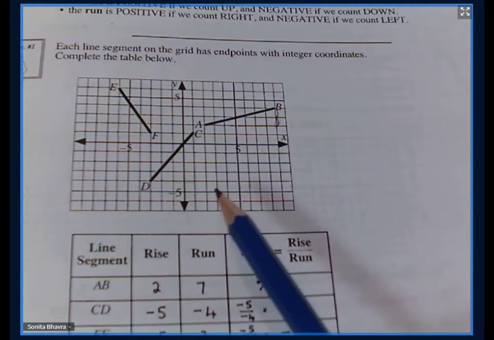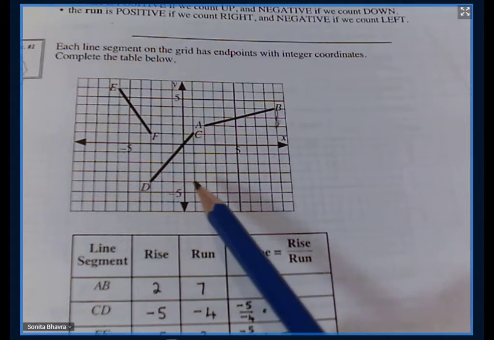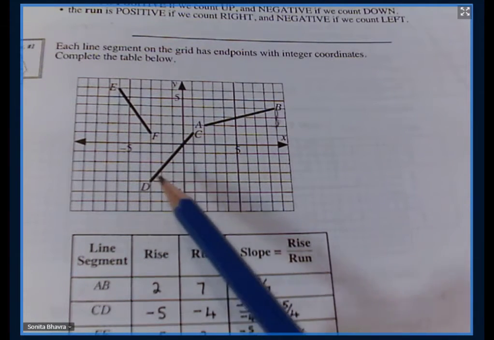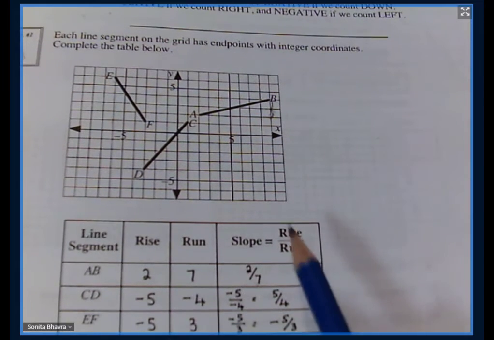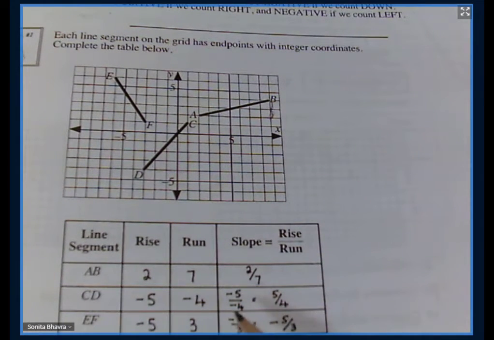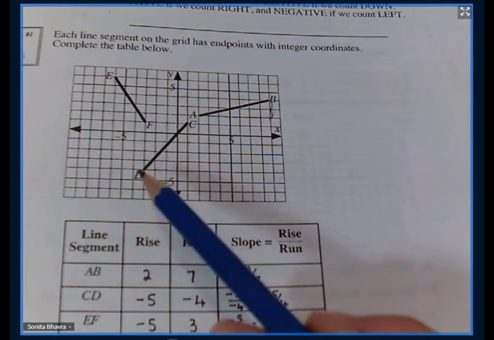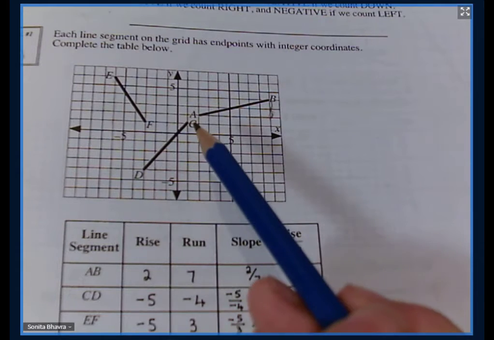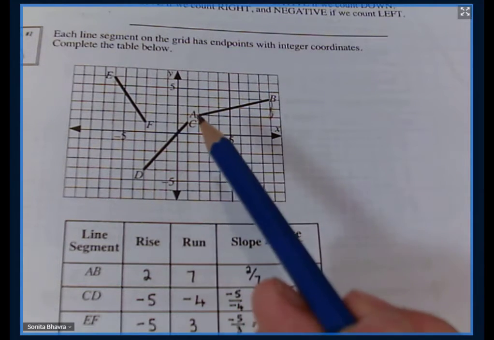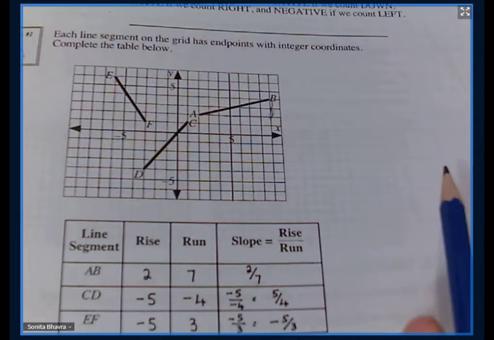Again, from C to D, we're going left, so it shows as a -4. 1, 2, 3, 4. But when we look at our rise over run, -5 divided by -4, we do end up with a positive. Important: whenever you're looking at your lines, go from left to right. If the line is going up, you know your slope should be positive.